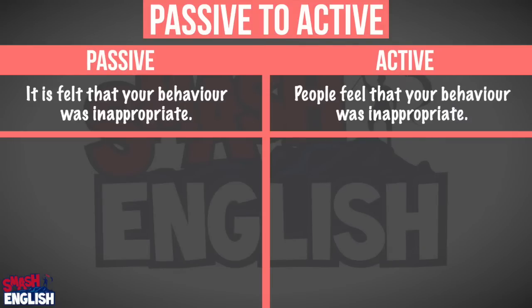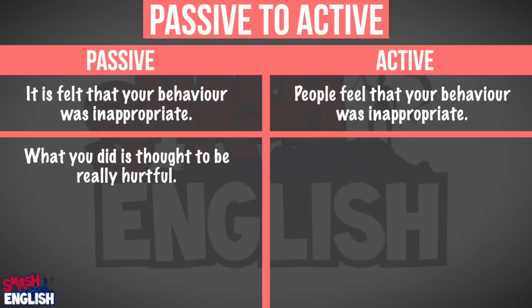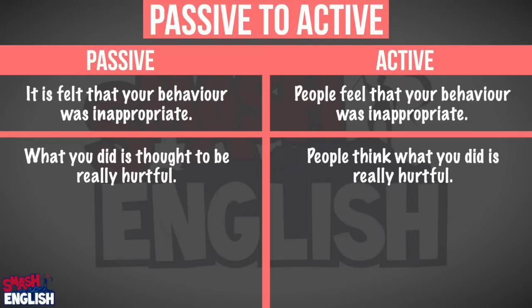People feel that your behavior was inappropriate. And for our second sentence, our passive form is what you did is thought to be really hurtful. Now let's put this into the active form. We don't have a subject again, so let us say people. People think what you did is really hurtful.